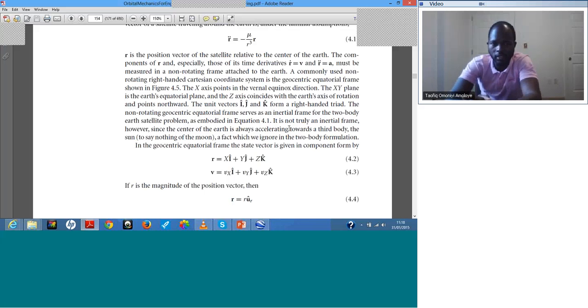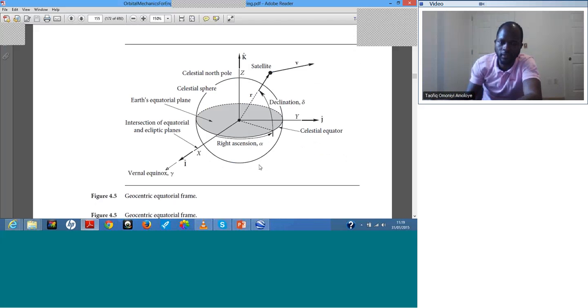So in the geocentric equatorial frame, the state vector is given in component form by R equals xi plus yj plus zk. That is R. If something is positioned there, the position vector is R, and it will have components in the Z direction, components in the X direction, and components in the Y direction. That is xi, yj, zk.